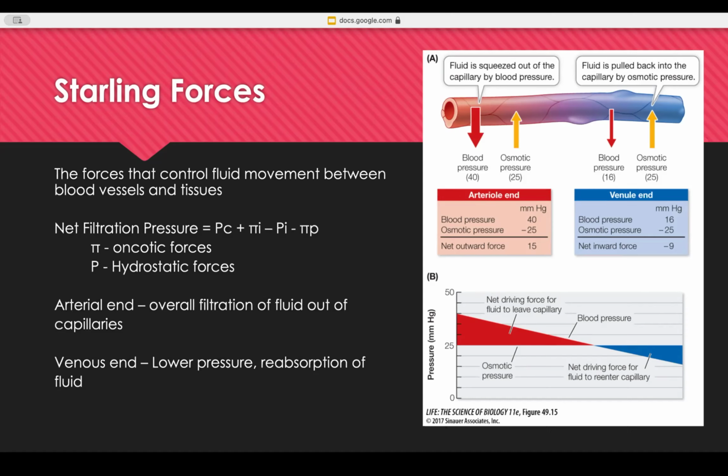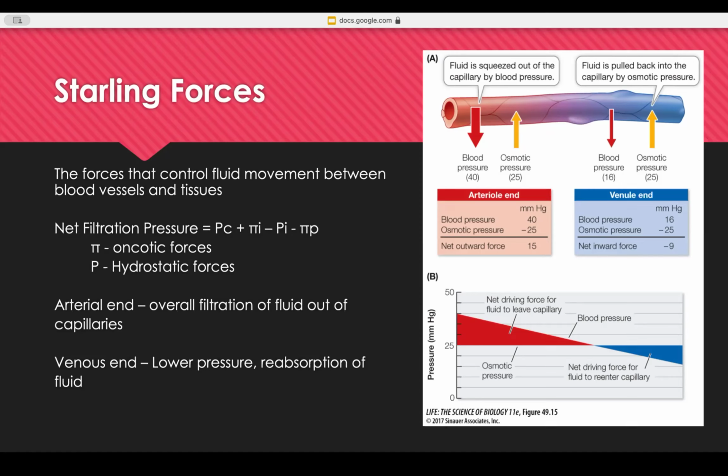And then closer to the venous end of the capillary, this hydrostatic pressure will be much lower, and so fluid will be pulled back into the capillary by the osmotic pressure, which is caused by the proteins in the blood.